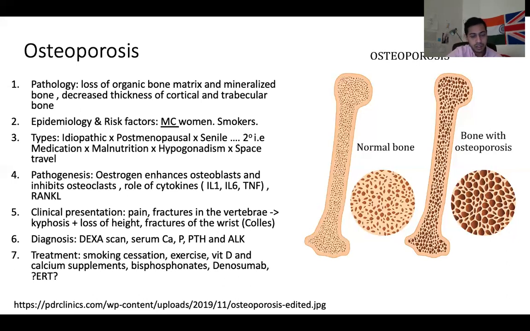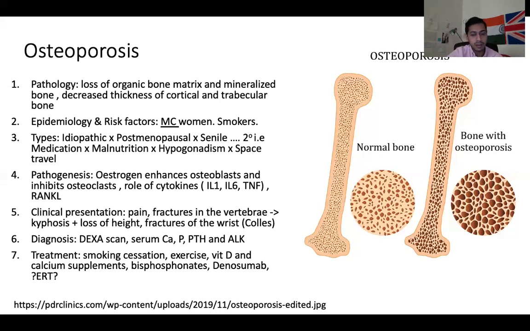And treatment, as I mentioned earlier, simply we have to exercise more often. We have to stop smoking, so smoking cessation, as smoking tends to inhibit osteoblasts, and vitamin D and calcium supplements are also very important in making sure that the constituents of bone can be formed and solidify the bone.